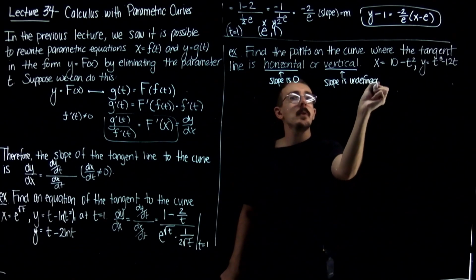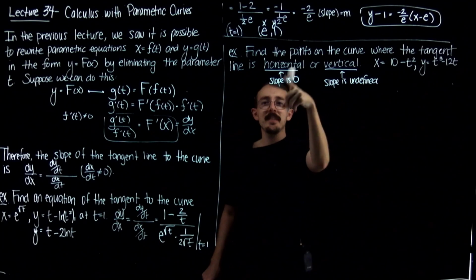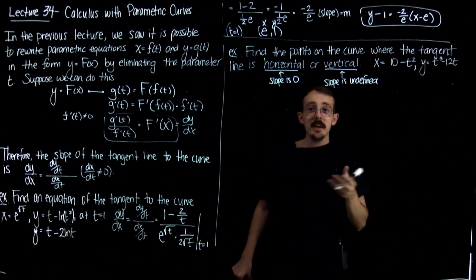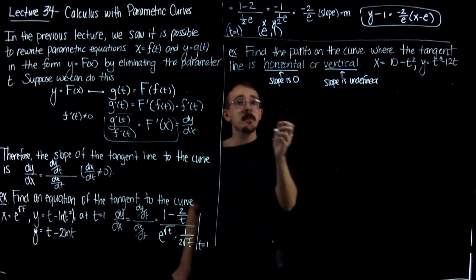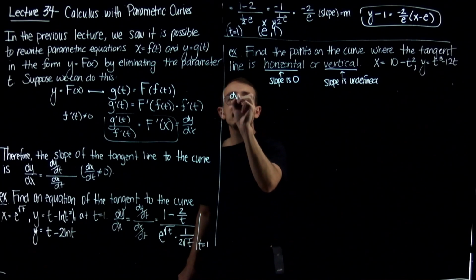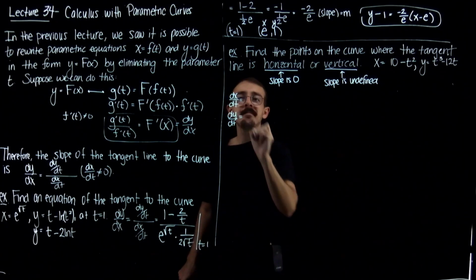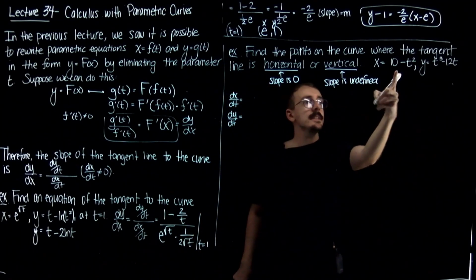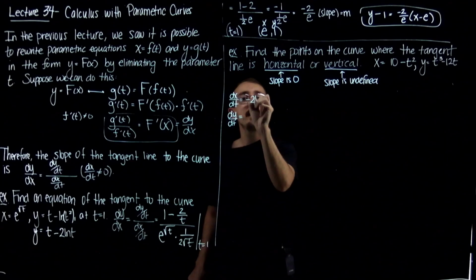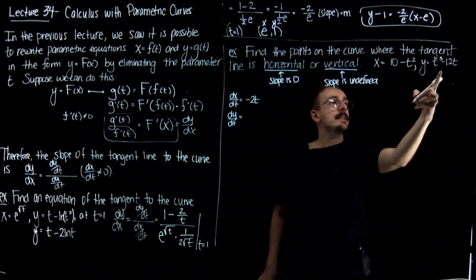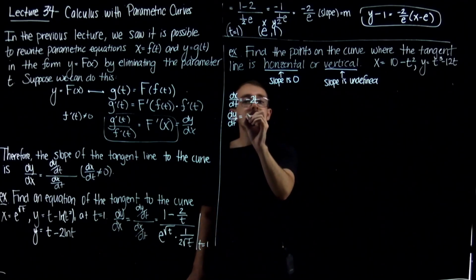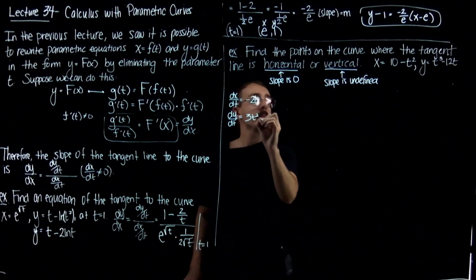So we have two different goals here. But to find either, the first thing you're going to need to get is dx/dt and dy/dt, because they're part of the slope formula. So dx/dt is negative 2t, and dy/dt is going to be 3t squared minus 12.